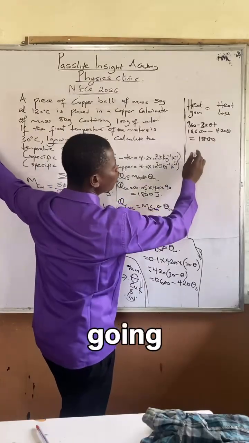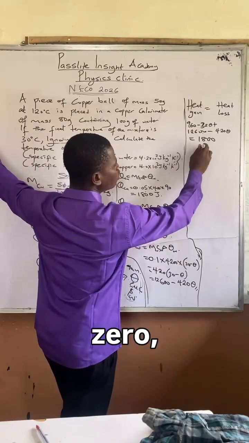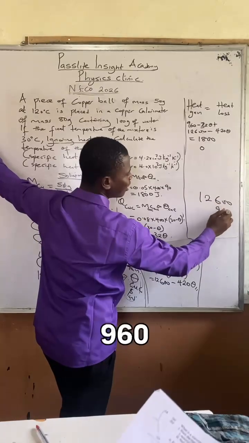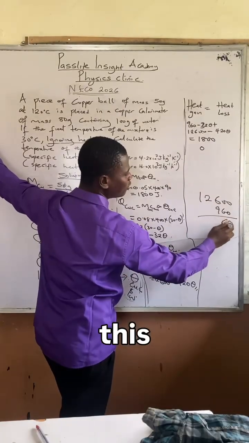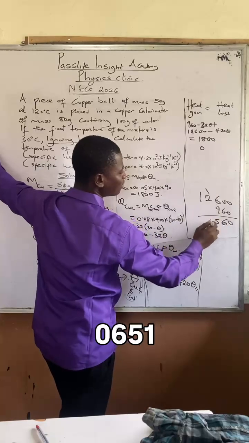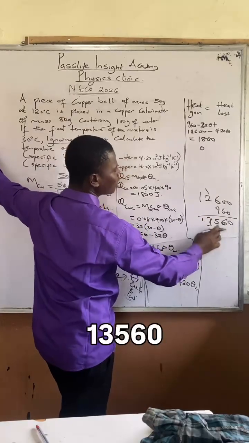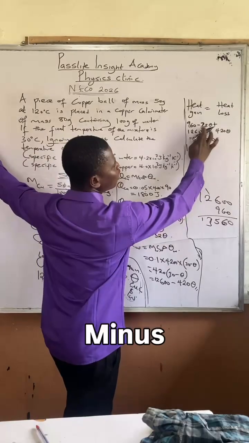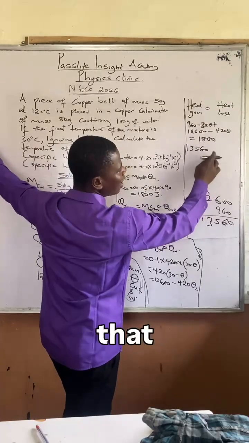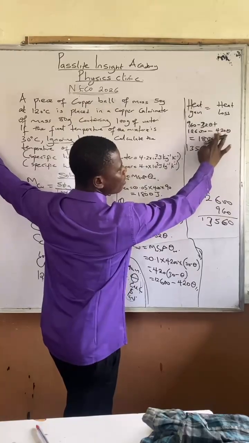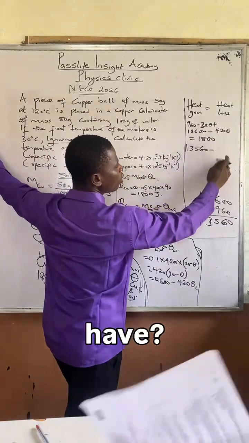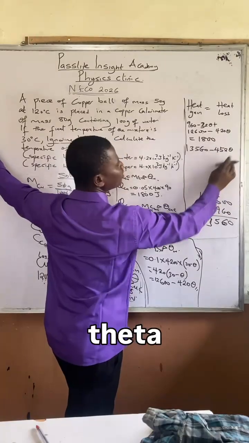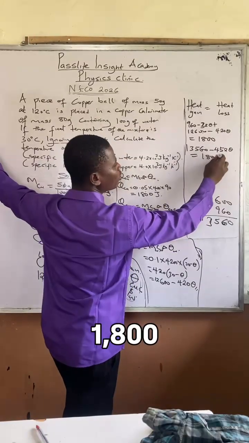So let's add this together: 960 plus 12,600 is 13,560, minus 32 theta minus 420 theta, that is minus 452 theta, equals 1800.